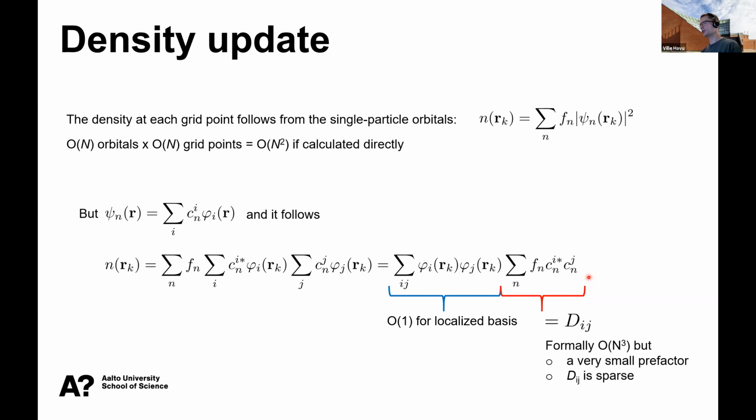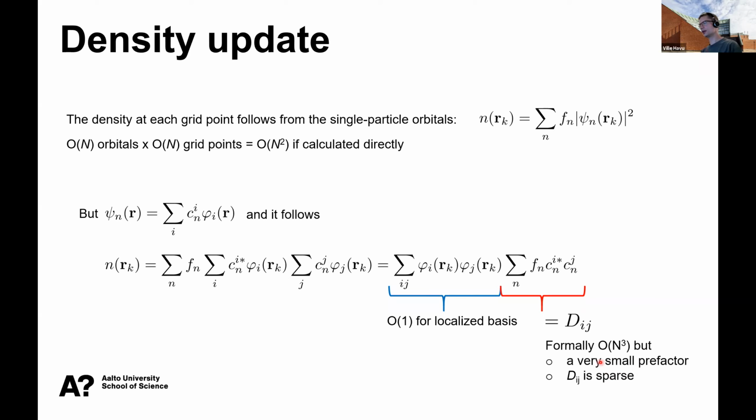And then you have a density matrix here. Formally computing the density matrix is O(n^3). But as we've seen from the benchmark, there are a couple of things that actually make this algorithm feasible over the traditional, orbital-based one: you have a very small prefactor. And in practice, the Dij is sparse.